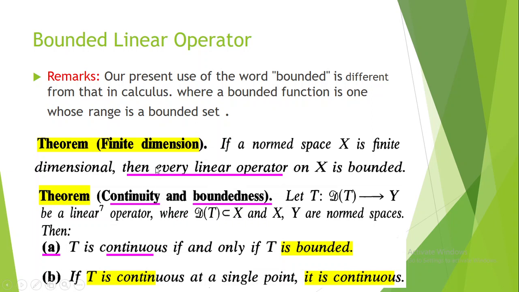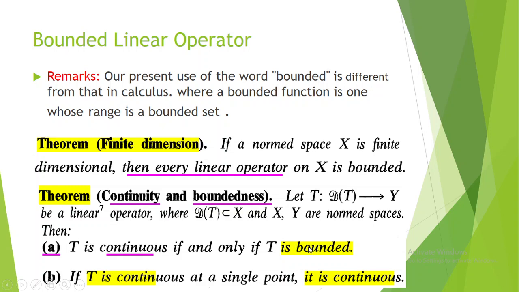Now, the other important property of boundedness is continuity. Let T be a linear operator, where the domain of T is a subset of the normed space X, and X and Y we already know are normed spaces. Then T is continuous if and only if T is bounded. It means whenever T is continuous, it implies that T is bounded.